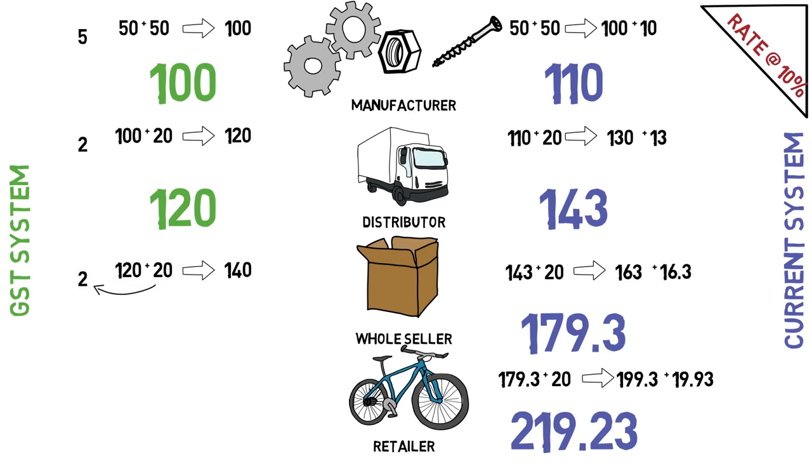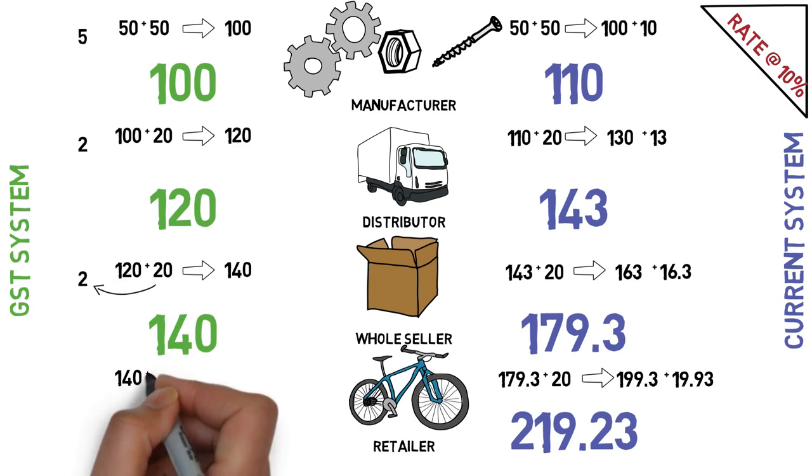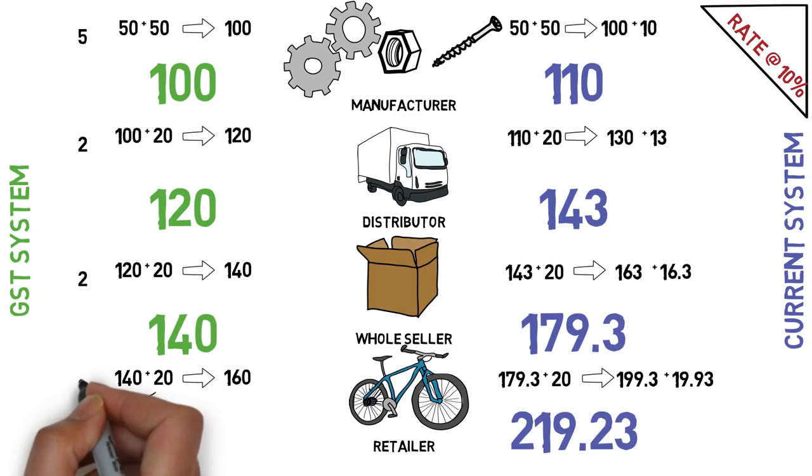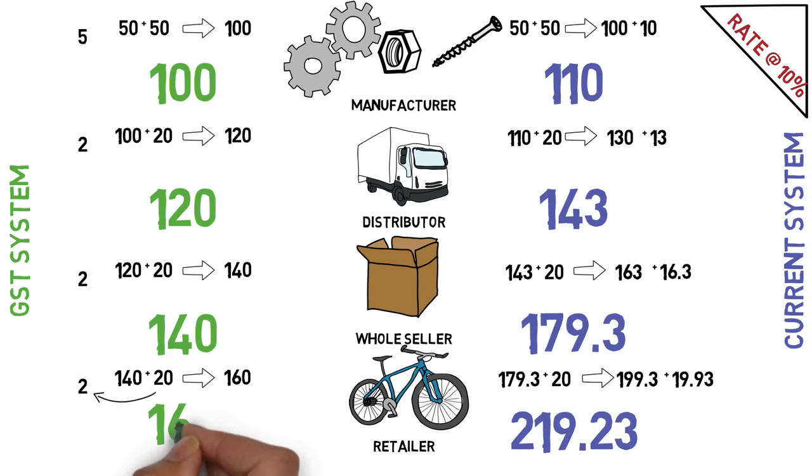Retailer buys the product for 140 rupees, adds profit of 20 rupees, pays the taxes of 2 rupees on his profit of 20 rupees and raises the final consumer price to 160 rupees. So if the prices are compared, the product is 59.23 rupees cheaper in GST system than the current system.